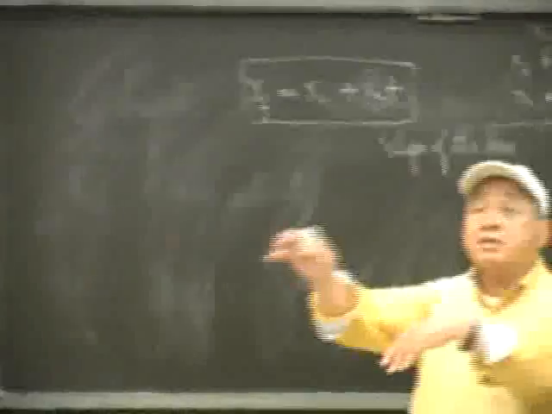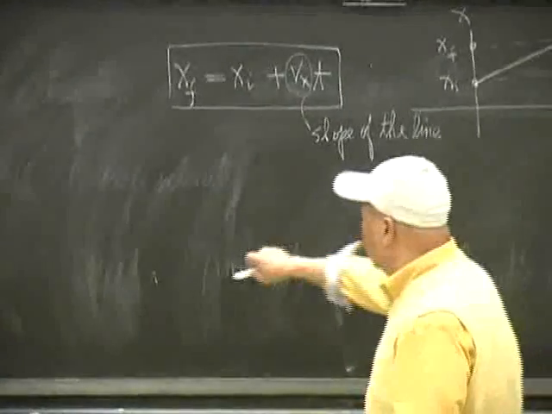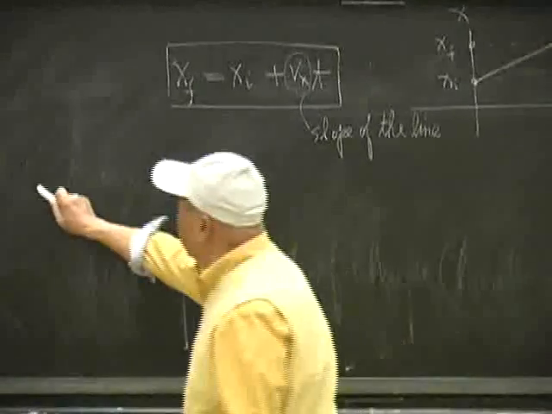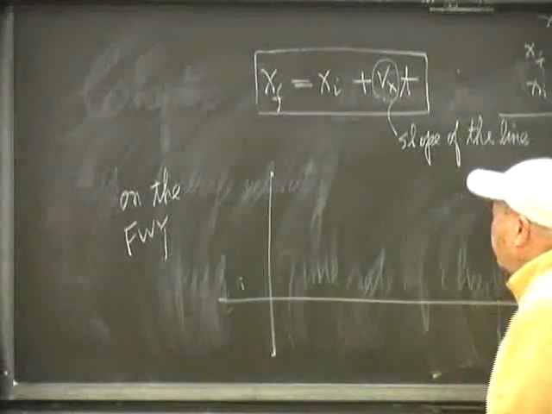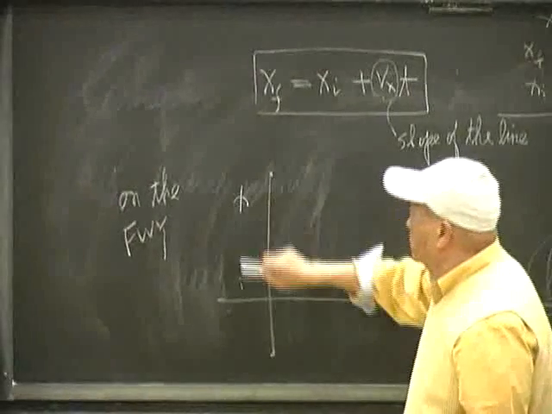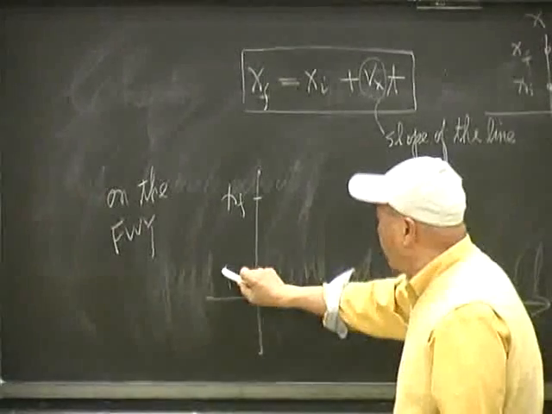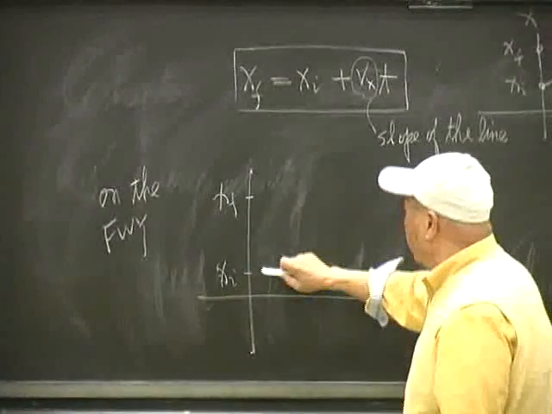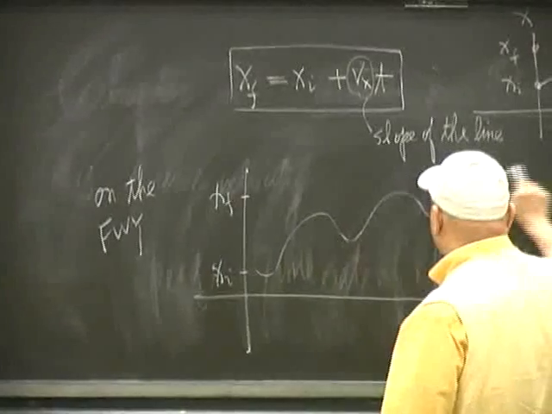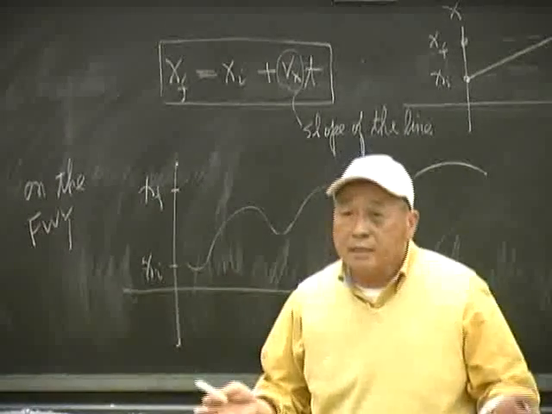We may not have a constant speed. So on the freeway, this is the time, this is called x, x of f is here, x of i is here. So we might get some curve like this. So now you got stuck.